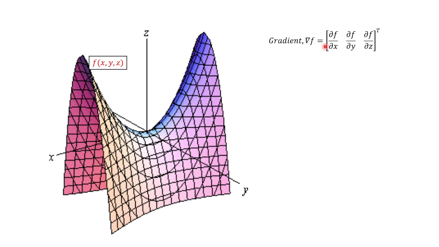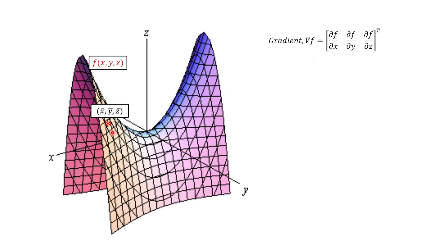The gradient of f is equal to, we take the partial derivative of the function with respect to each of these variables, and then we form a column vector, and that is going to be the gradient at any point. All of these components contain the variable form of the function's derivative, and that's why this is not fixed at a point.